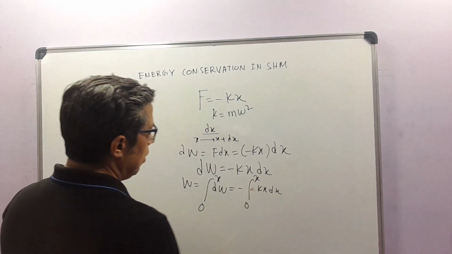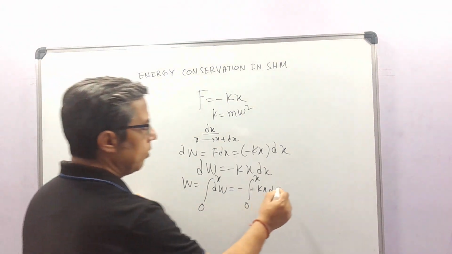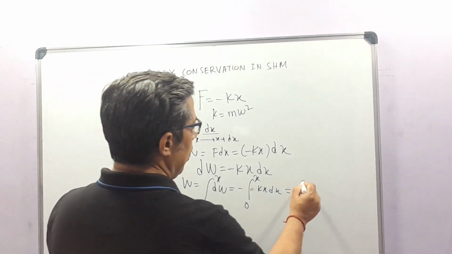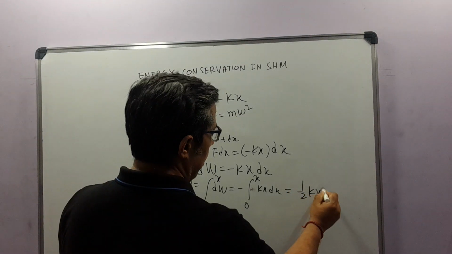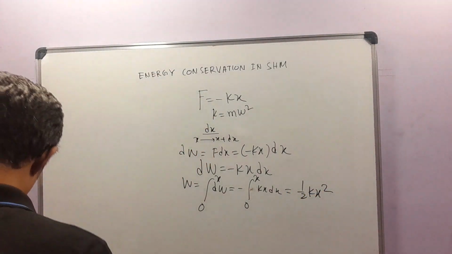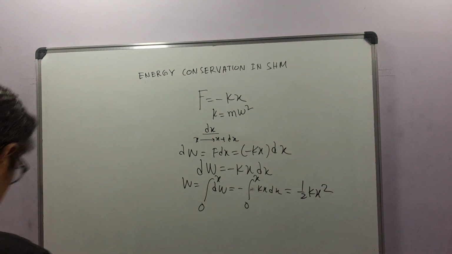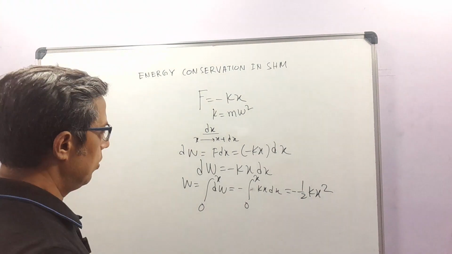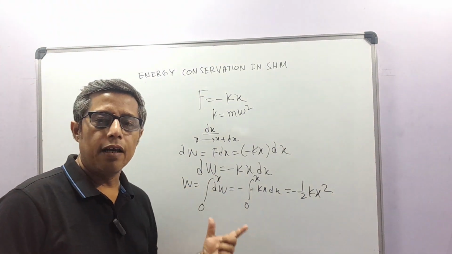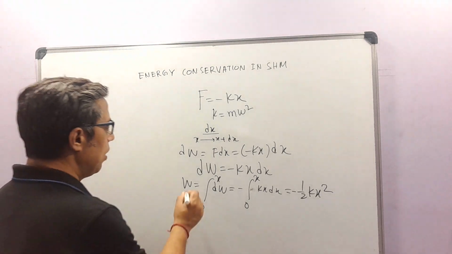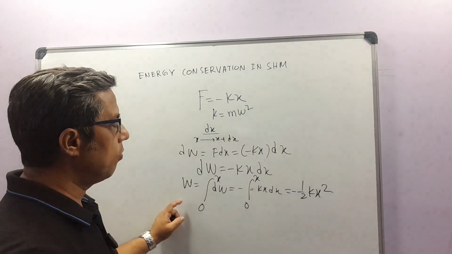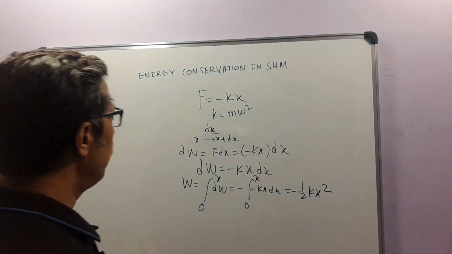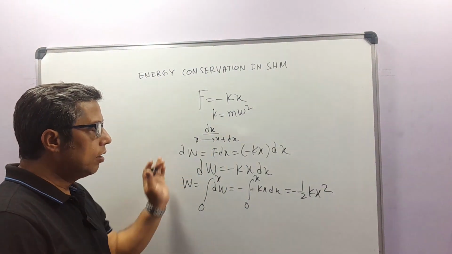Integrating kx dx, we get half k x square, so this will be the work done with the minus sign. So we can calculate the work done, which is displacement dependent.